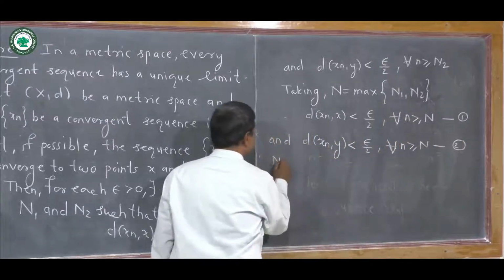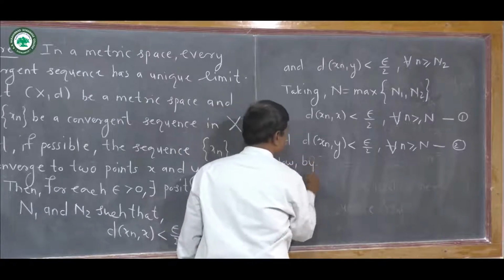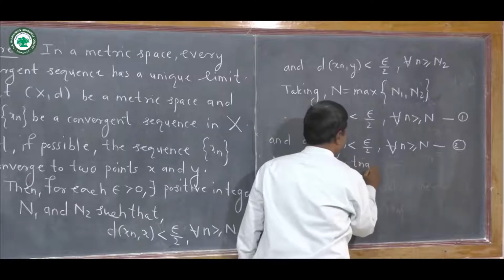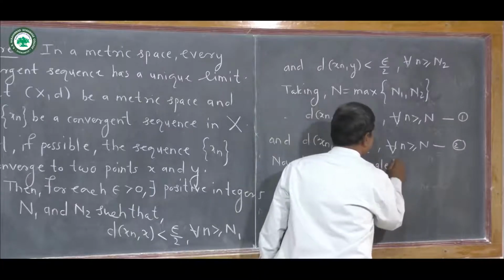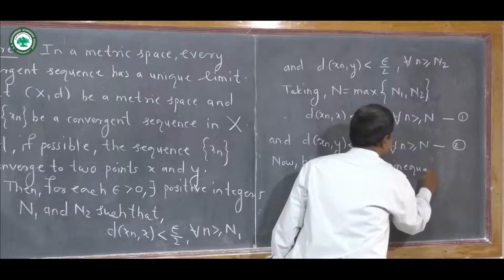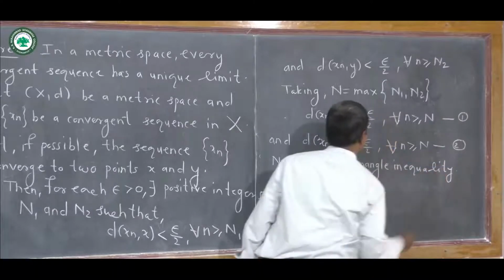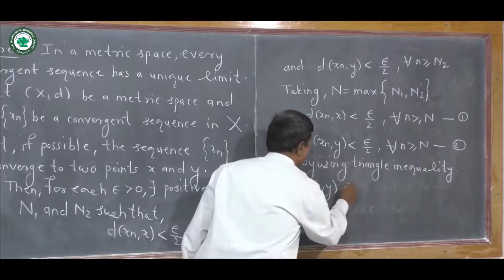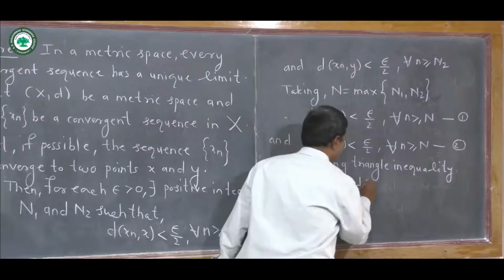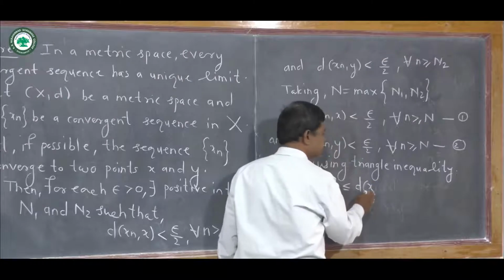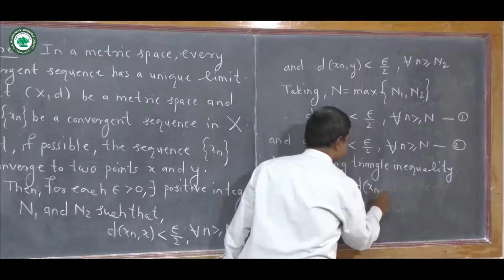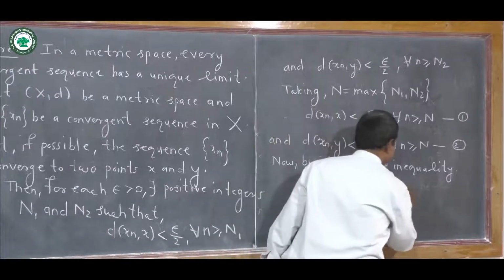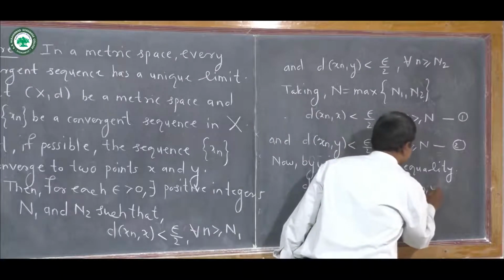Now by using the triangle inequality, we write the distance between x and y, or d of x comma y, is less than or equal to the distance between xn and x, because by symmetry we can write this, plus the distance between xn and y.